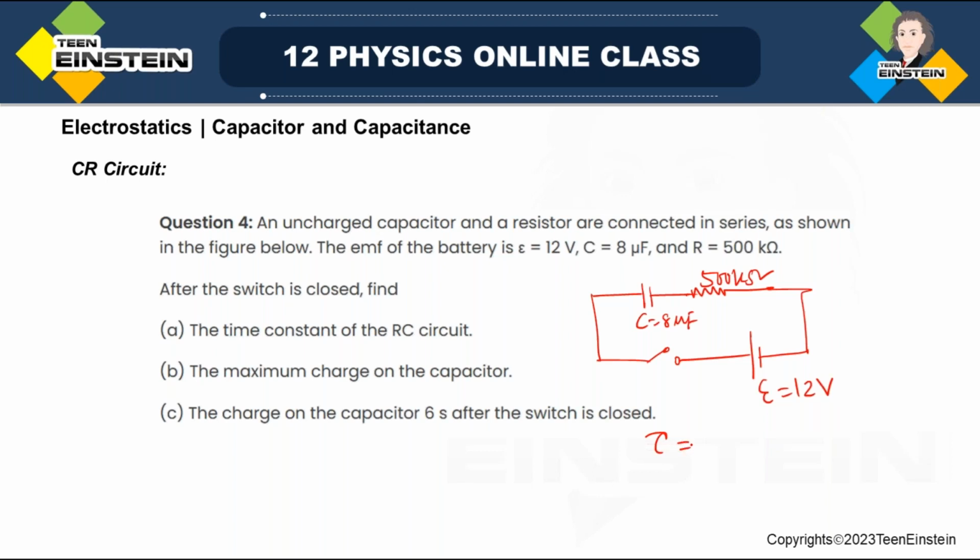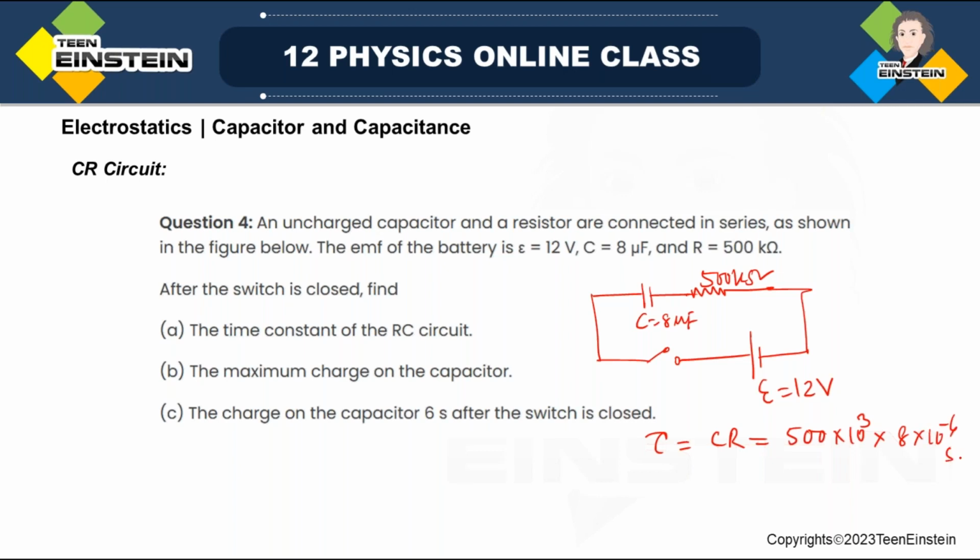Time constant tau for the circuit is C into R. So what is R? 500 kilo ohm, that is 500 into 10 to the power 3 ohm. And C is 8 microfarad, 8 into 10 to the power minus 6 farad.